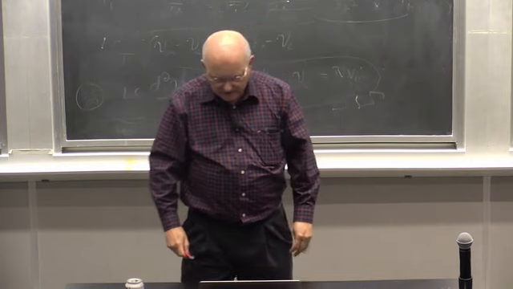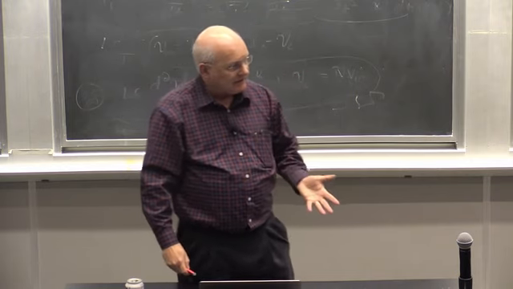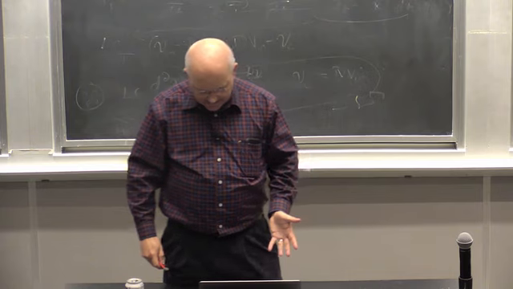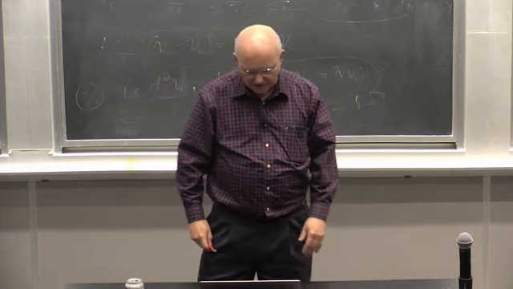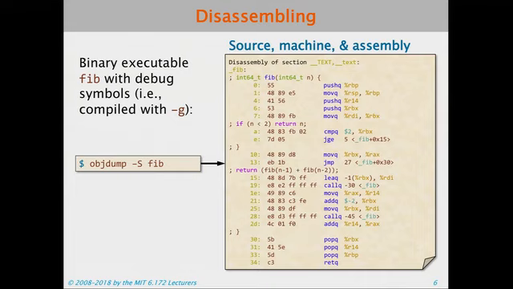So one of the things you can do is, if you have the machine code, and especially if the machine code was produced with so-called debug symbols, that is, it was compiled with -g, you can use this program called objdump, which will produce a disassembly of the machine code.